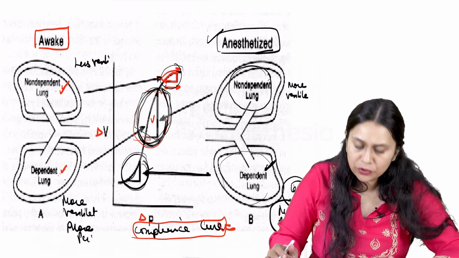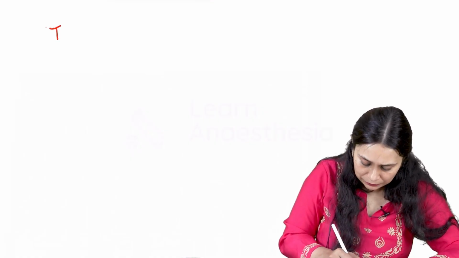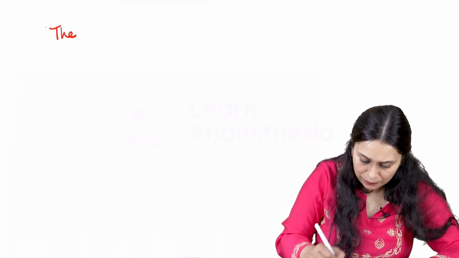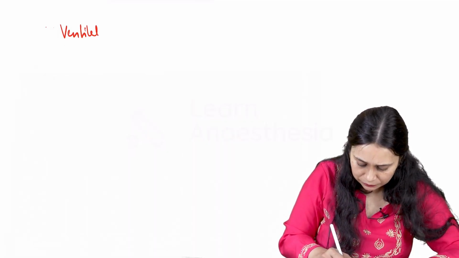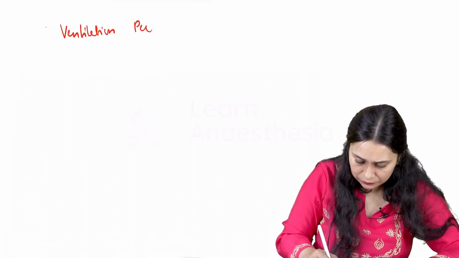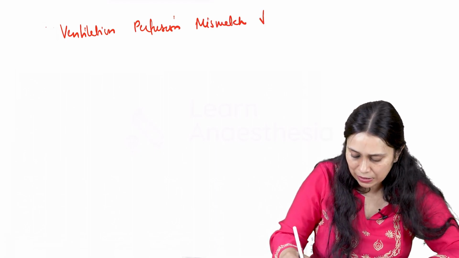So the ventilation perfusion mismatch is more. So what happens to the top lung? Ventilation perfusion mismatch. So first I should write ventilation perfusion mismatch. The mismatch happens under anesthesia.